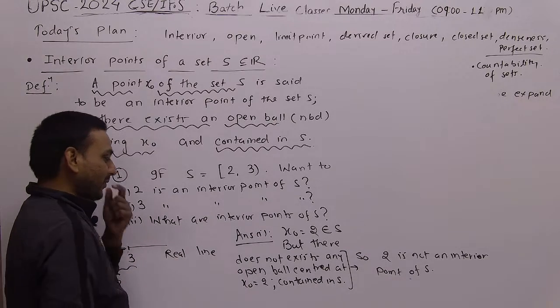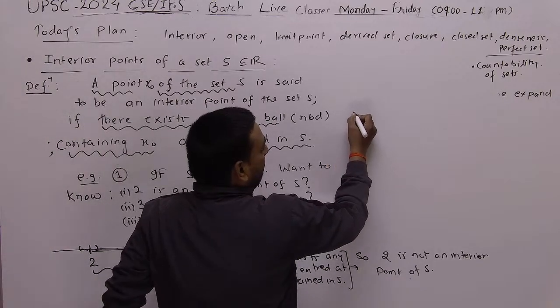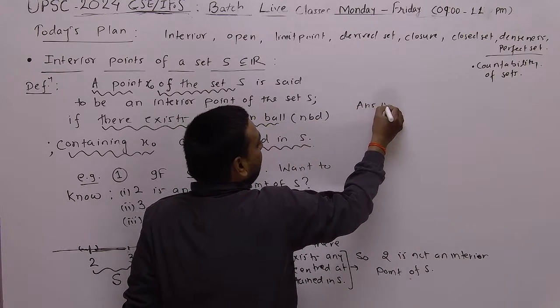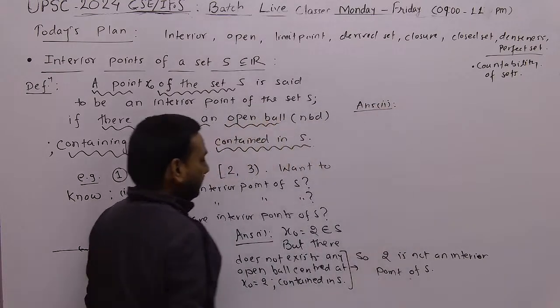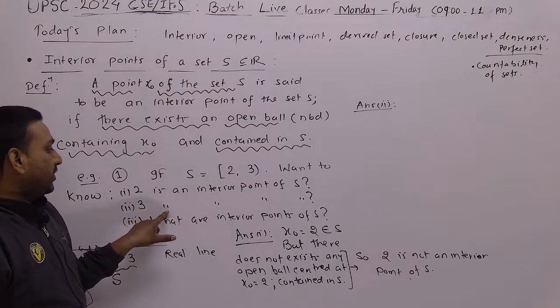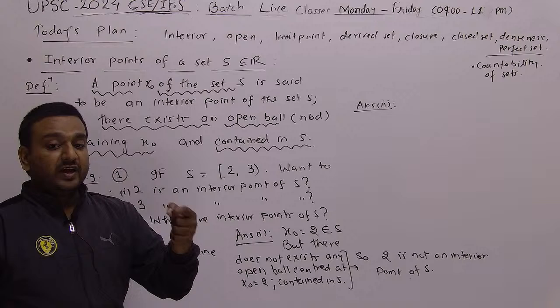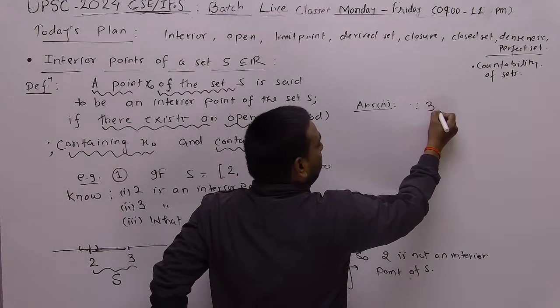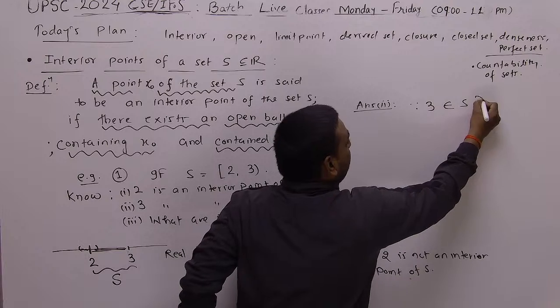Let's move on now. Go to answer number 2. Be on the board please everyone. I want to cross check whether 3 is an interior point of S or not. First, is point 3 in S?